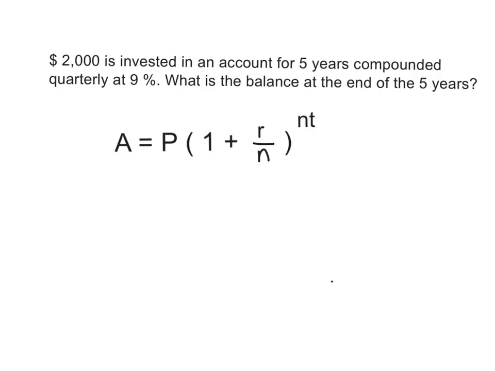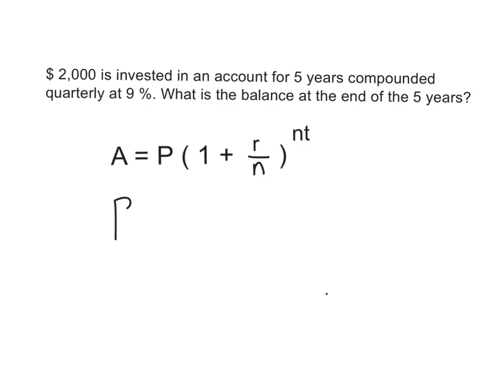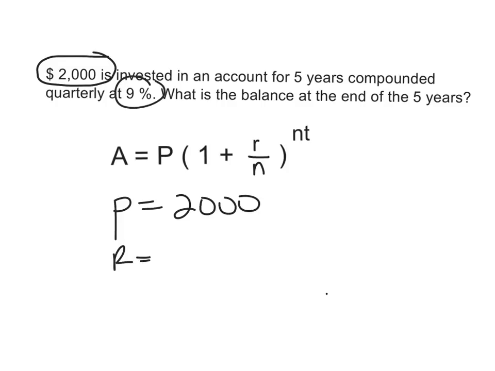These questions are always going to start off with a certain amount of money that's invested. That's going to be the principal. So here it says $2,000 is invested, so the P value in the formula is going to be 2,000. It mentions the interest rate R is 9%. And you're going to have to convert the interest rate into a decimal.